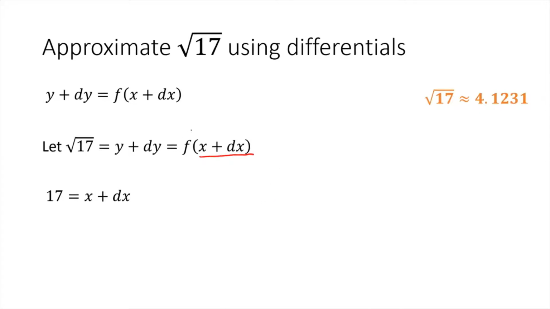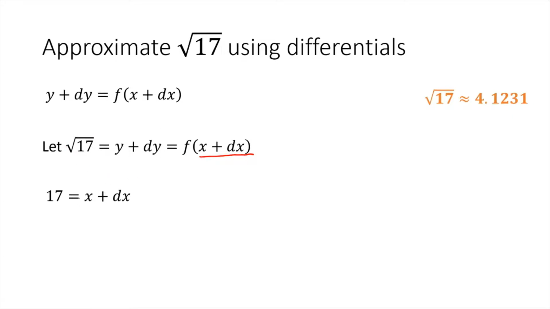Then the next thing that we need to do is to find a value for x for which we can conveniently apply the operation involved in this problem. So again, the operation involved here is taking the square root of a number.